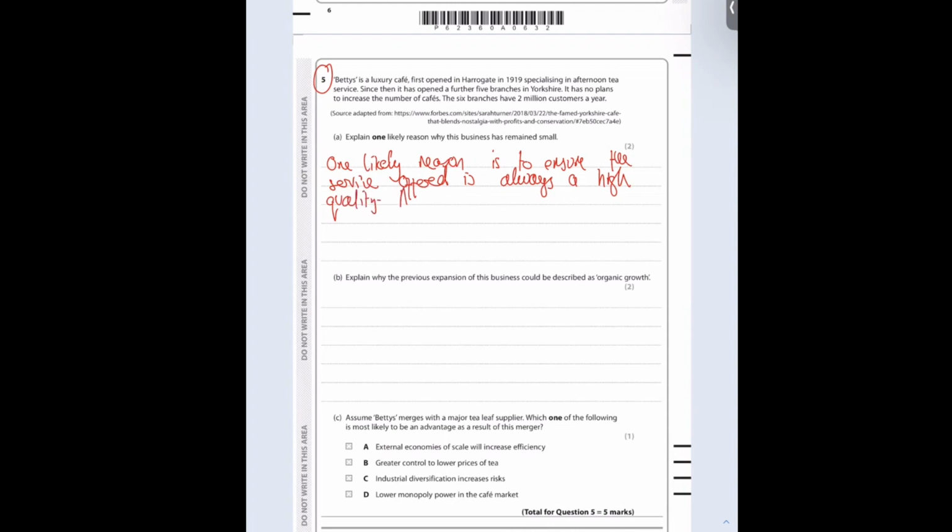And we could say, as the business grows, they may encounter managerial diseconomies of scale through difficulties in communication.